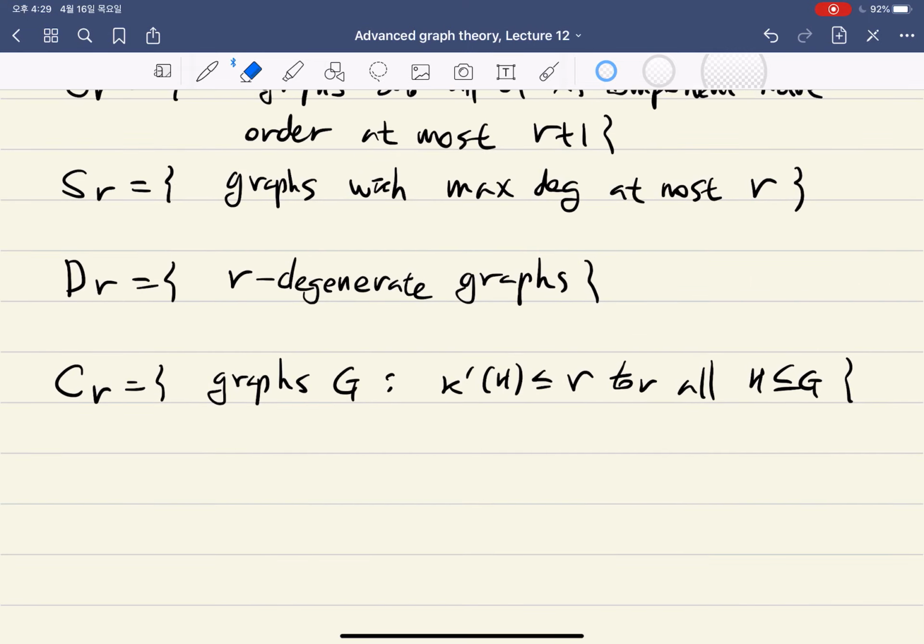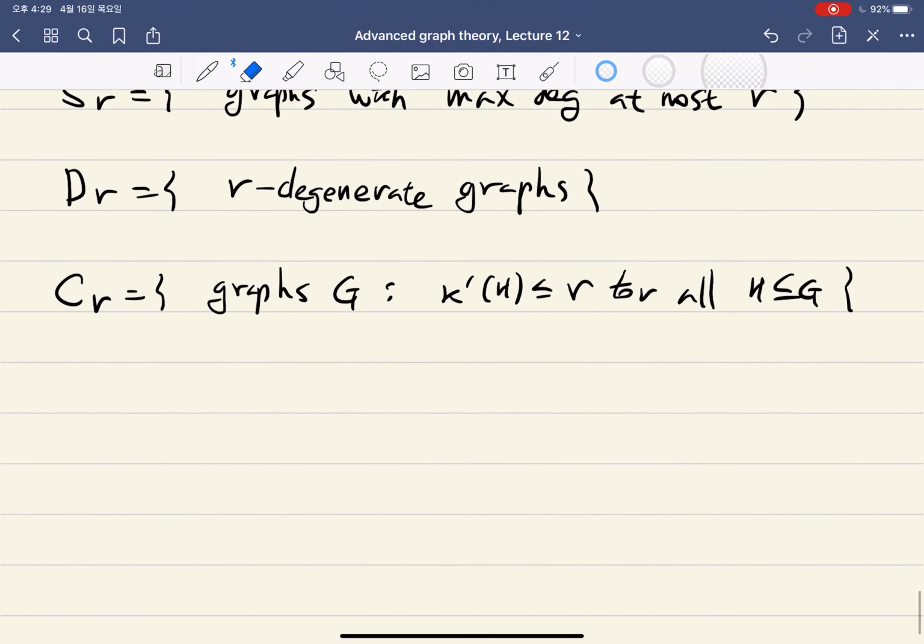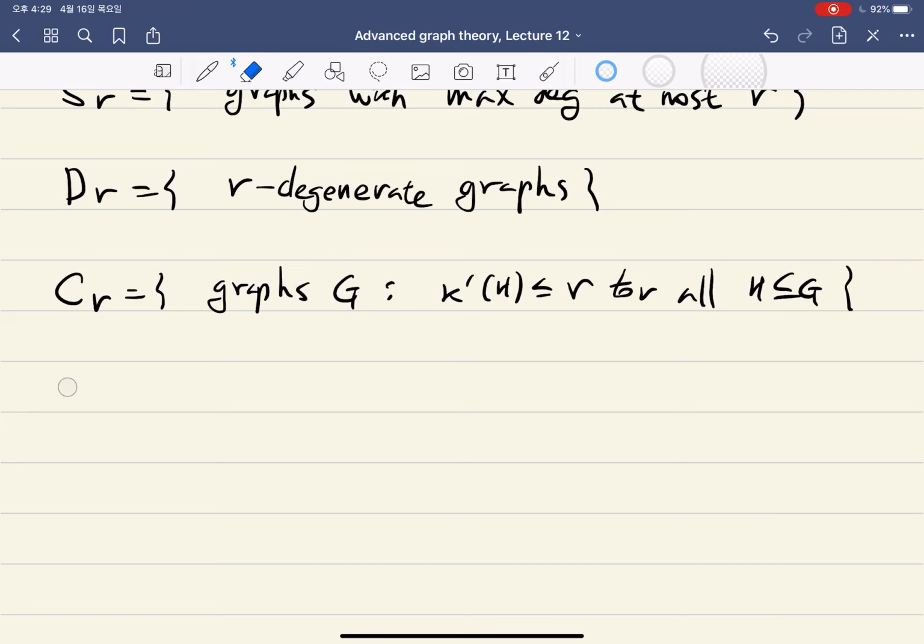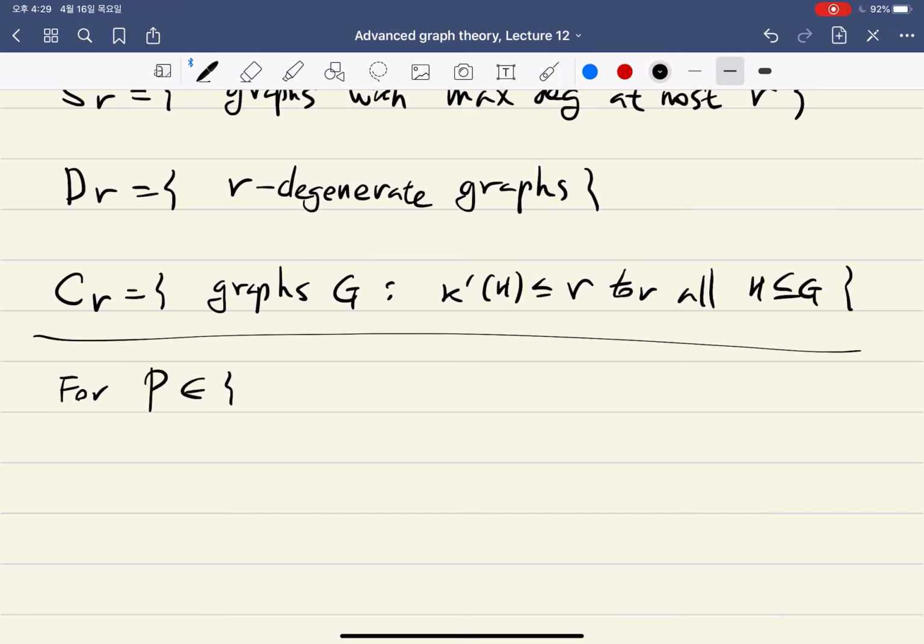One thing we can see is that for P in O, S, D, C, the class P_R is smaller than P_(R+1).